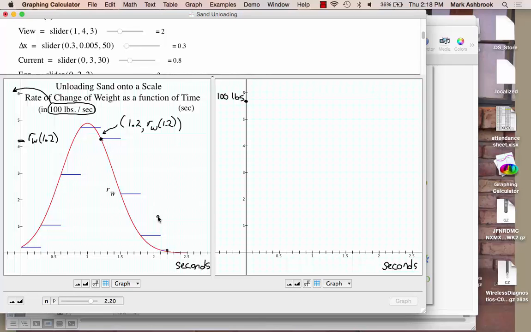But then when the truck bed gets up to a certain angle, the bulk of it will come out fast. And then at the end, there'll be just a little left, and it will slide off in a small amount per second. So it comes off slowly, then quickly in the middle, and then slowly again. That's what that rate function is showing. Okay, so it should make sense in the scenario.